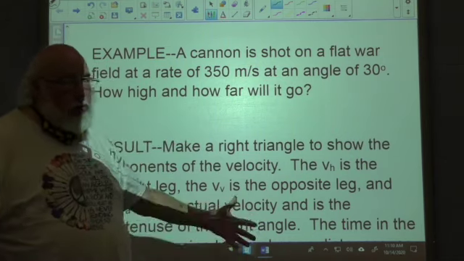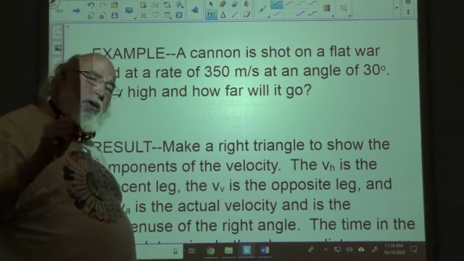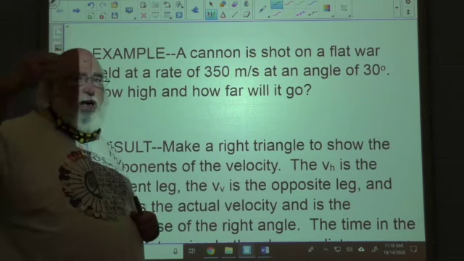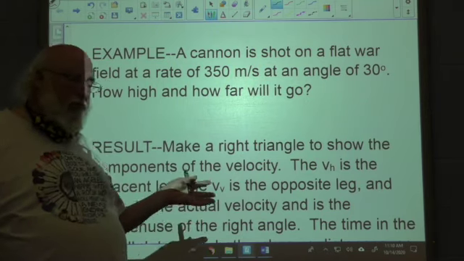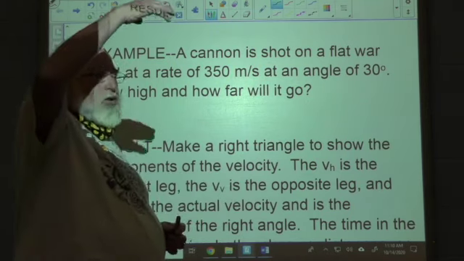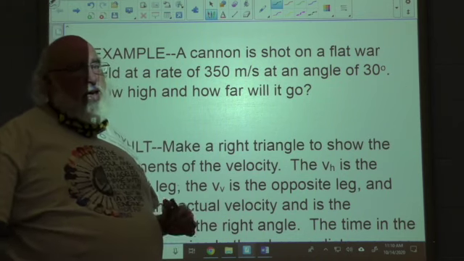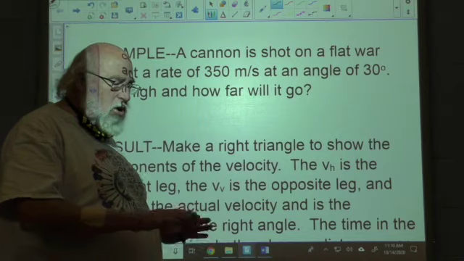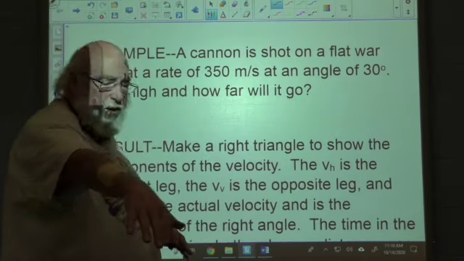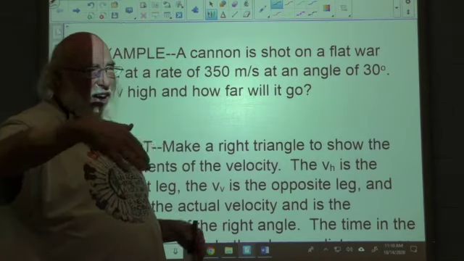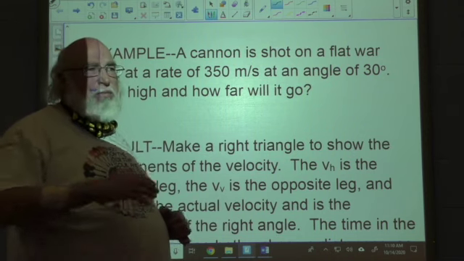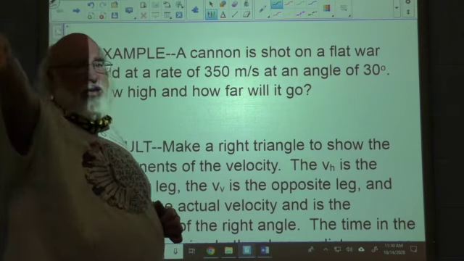Again, we're trying to find the time, but you've got to be careful, because the first calculation deals with the vertical aspect, just like the last one. How high is it going to go before it starts dropping back down? Since we're starting on the ground, it's going to come back to pretty much the same height from where it left. It's going to be double the time it took to get to the height.